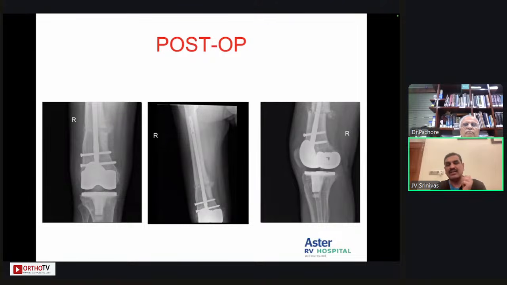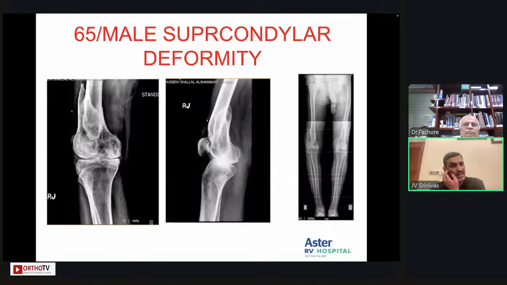Definitely we addressed the deformity, we addressed the stiffness, extra-articular stiffness, and we got a good knee replacement and a good range of movement.